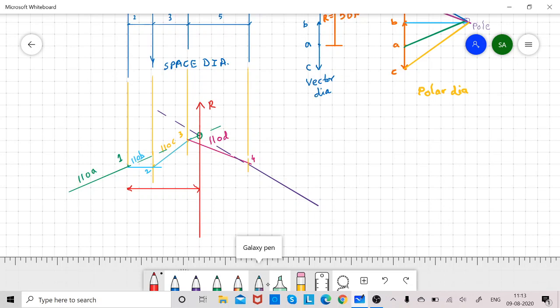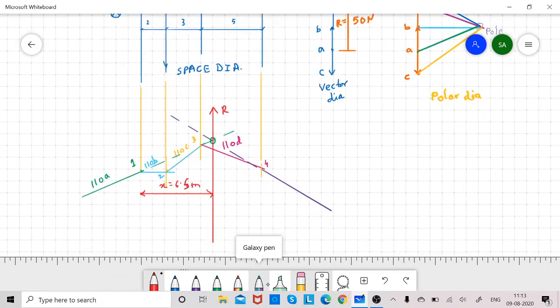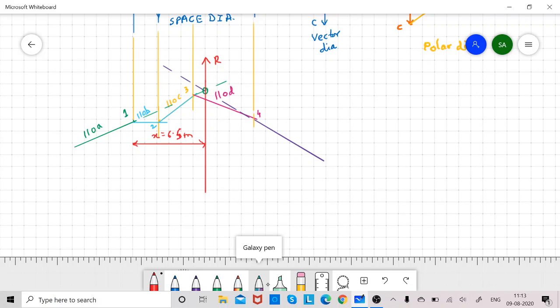The distance x is here 6.5 meter, not 6.4, it is 6.5 meter. So this completes the diagram which is known as the funicular polygon.